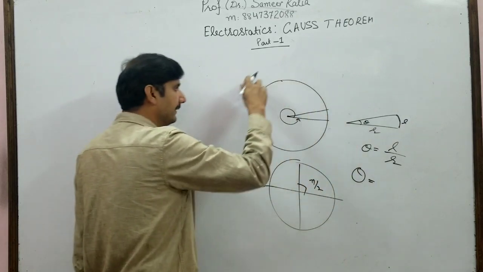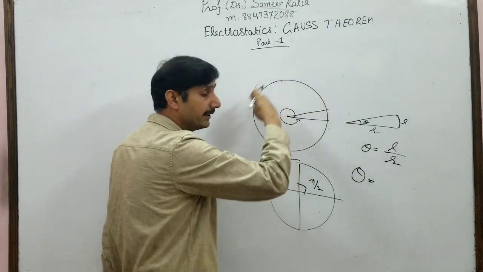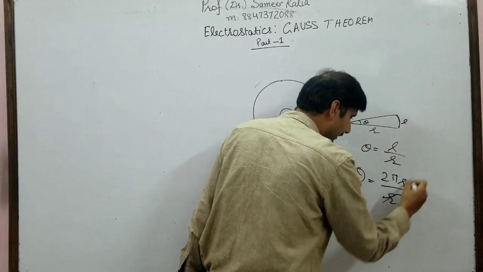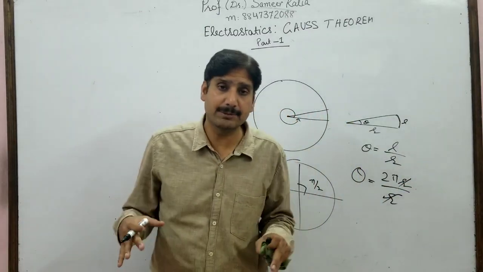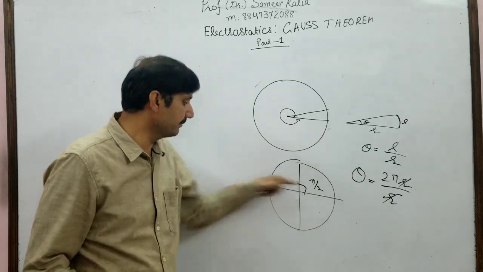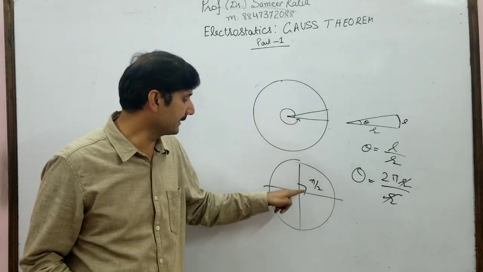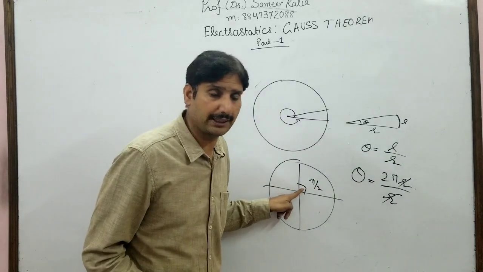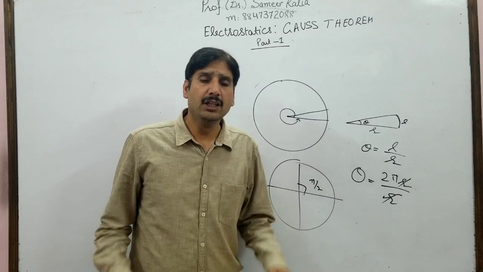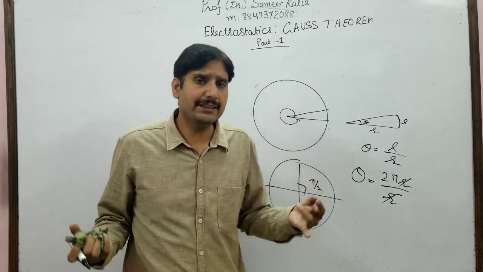The total length of this arc is equal to the circumference 2 pi r divided by r, and we know that the angle subtended by a full circle at its center is 2 pi. Since it has been divided into 4 sections, one section is subtending 1/4 of the total angle, that is 2 pi by 4, which is equal to pi by 2. So this is how you can define angle.